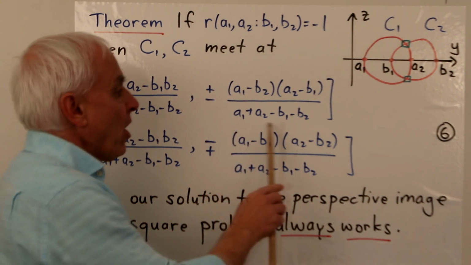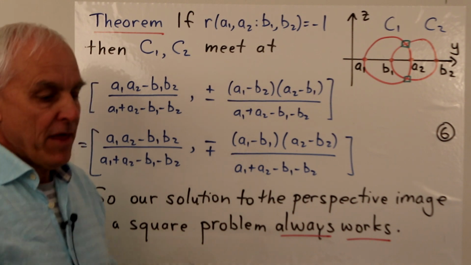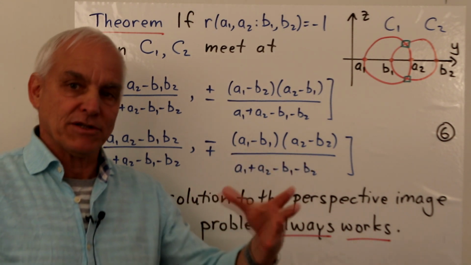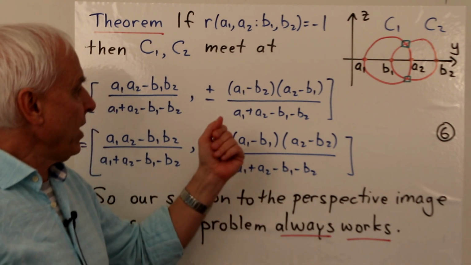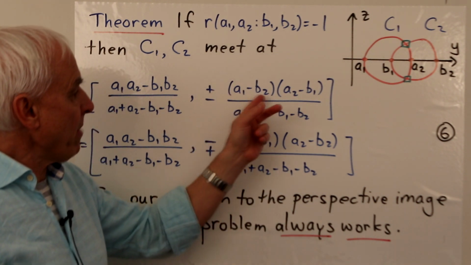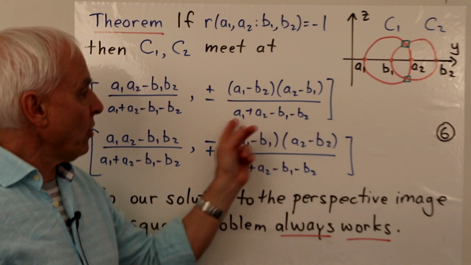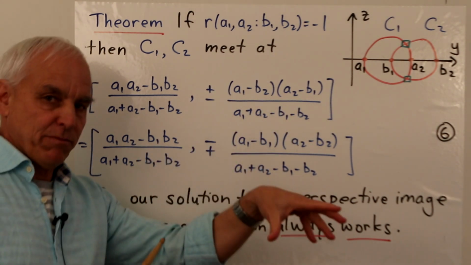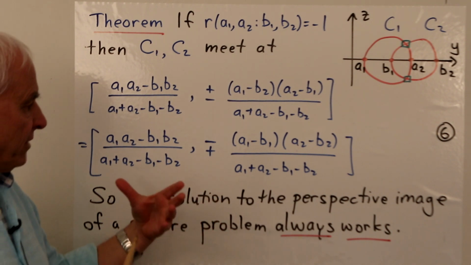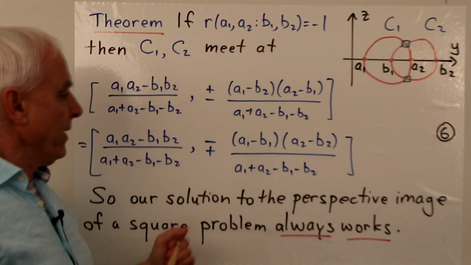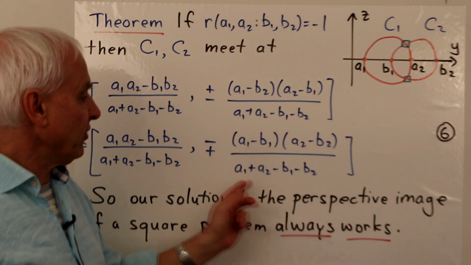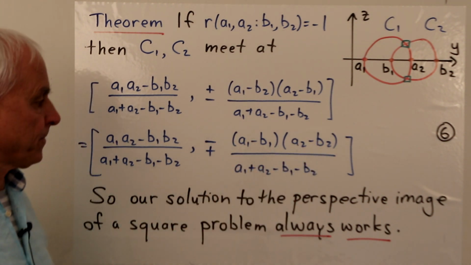And now here are the z-coordinates. They are the square roots of the quantities that had squares on them. So we get plus or minus A1 minus B2 times A2 minus B1 over A1 plus A2 minus B1 minus B2. And if we use the other expression, we would get a different looking answer for the z-coordinates, A1 minus B1, A2 minus B2 over the same quantity.